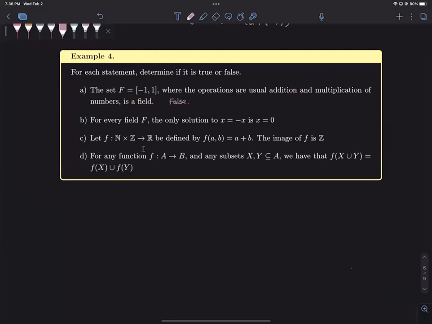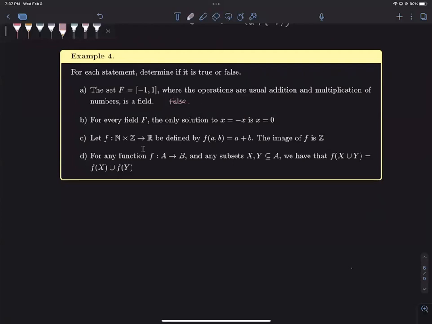Which axioms does it not satisfy? Inverse? Which inverse? Multiplicative inverse. Exactly.